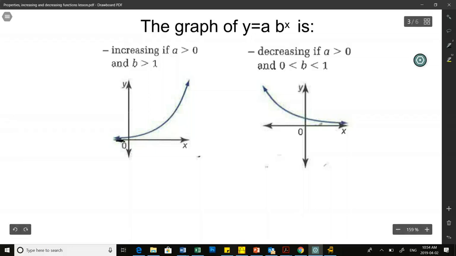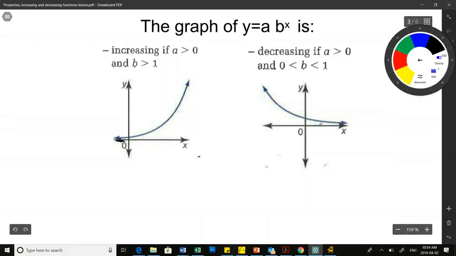And it still has that asymptote along y equals 0, unless it has a shift or whatever. But for our purposes today, we're just going to have all of the asymptotes along y equals 0. And we know growth happens when b is greater than 1. So when b is greater than 1, like 2, we have something like doubling happening, right, which is growth.